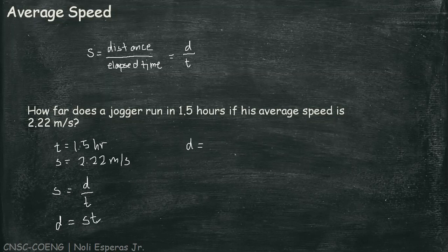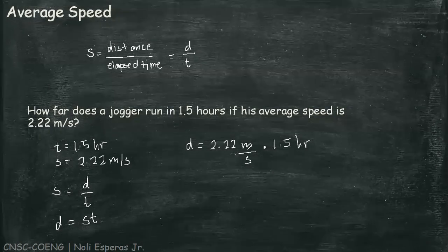So we have speed of 2.22 meters per second times 1.5 hours. The unit for distance must be in meters, so we have to eliminate the units of time, which are second and hour.